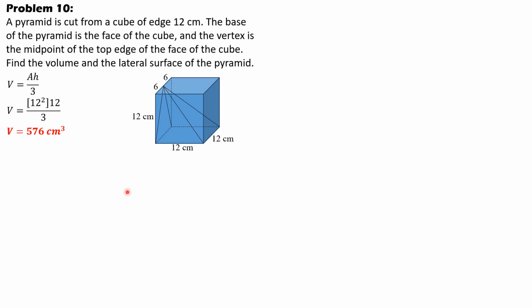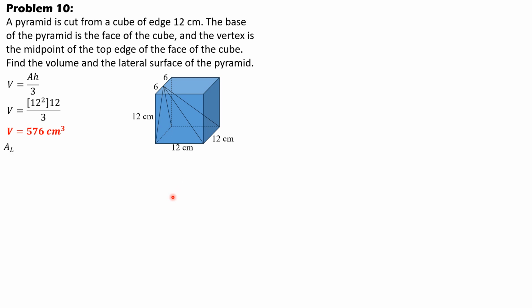For the lateral area, the area of the front and the rear is the same. So it is equal to 2 times area of the front face plus area of the left face plus area of the right face, which are triangles of different dimensions.